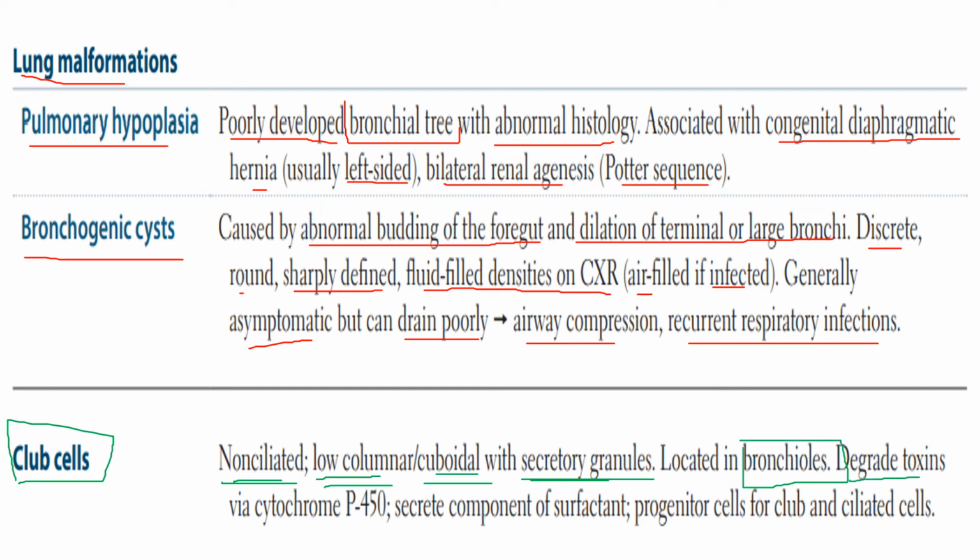Their function is to degrade toxins via cytochrome P450, secrete components of surfactant, and act as progenitor cells for club and ciliated cells. That's it.